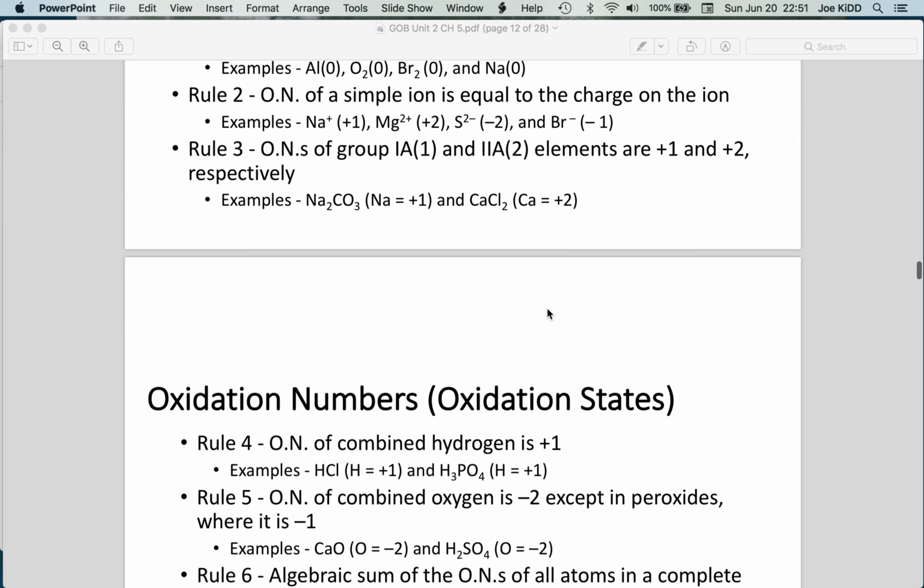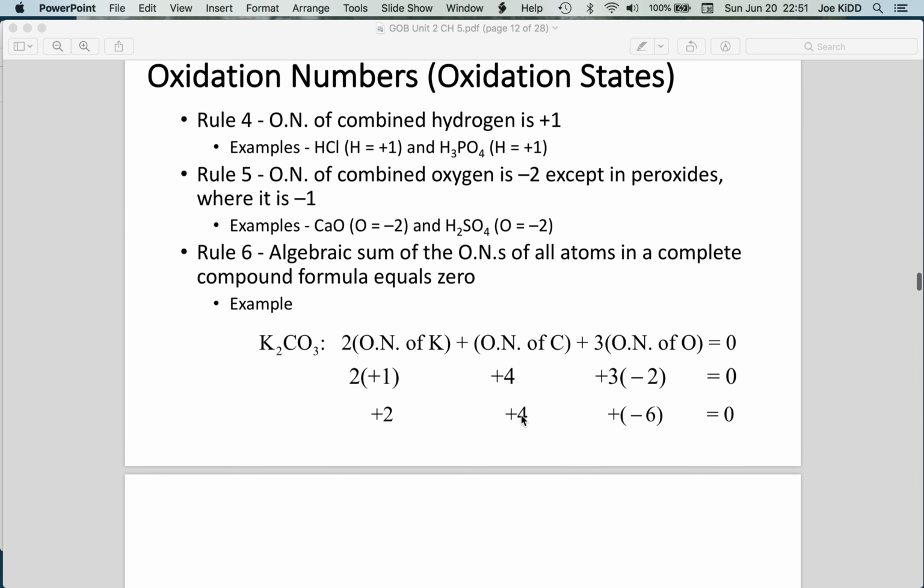We don't have a whole lot to go with based off of our rules, so we're going to hold off on that one. But now we can talk about the oxygens, and we see 3 oxygens, and we know that the rule is those are going to be -2, so that would be an overall -6, right? 3 and 2 is 6, so -6 and a +2, and this whole thing has to be 0, which means our central atom has to be a 4 plus.